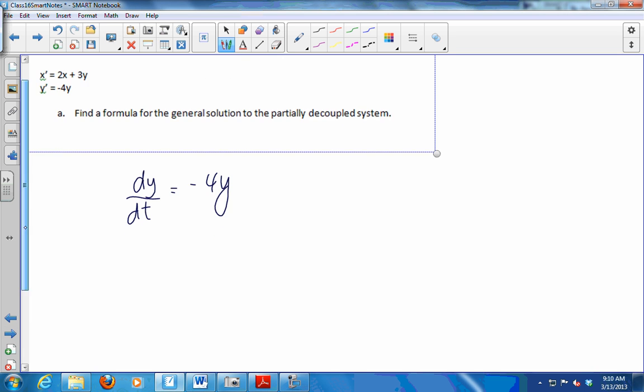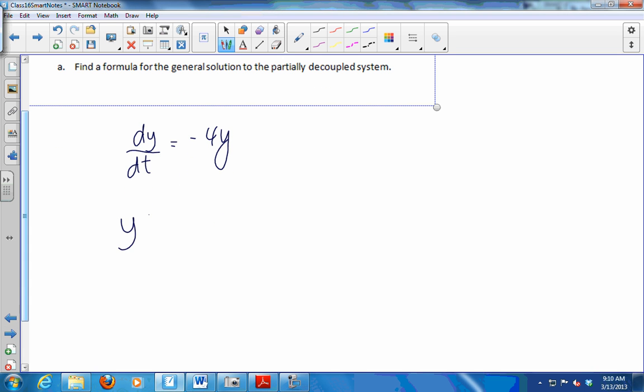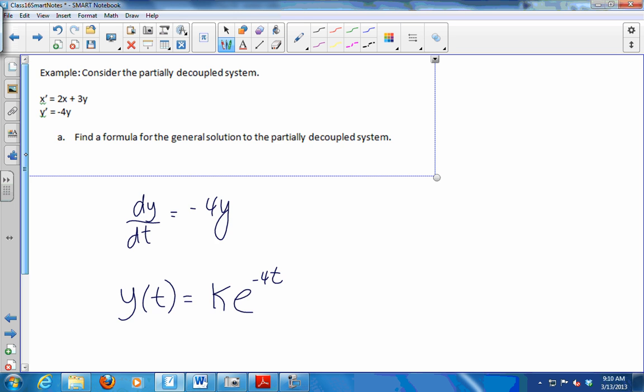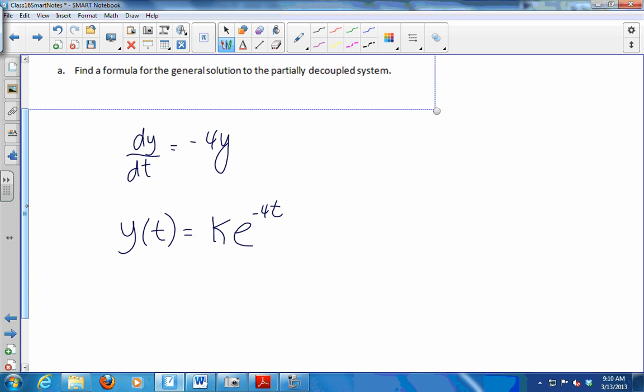So I would get y of t equals k e to the negative 4t. They did not give me an initial value yet, so we'll just leave it like that. We'll call this k1. Anytime I need a constant, I'll use k and number it. So I have a general solution for y.